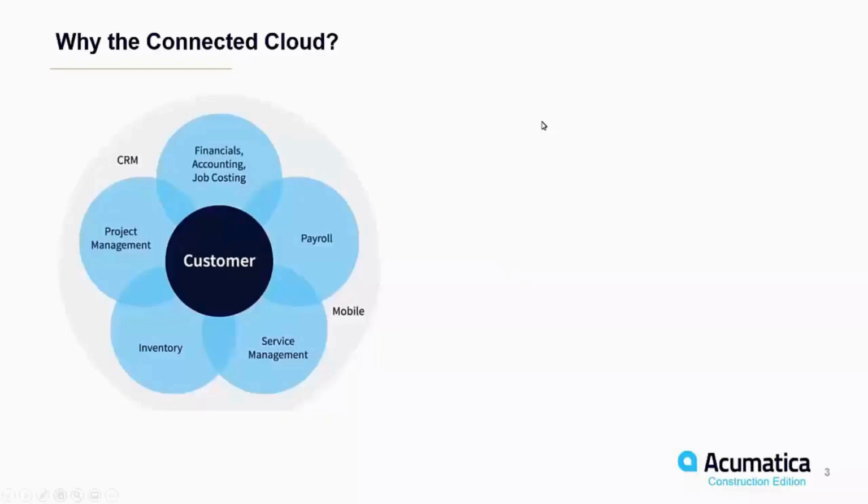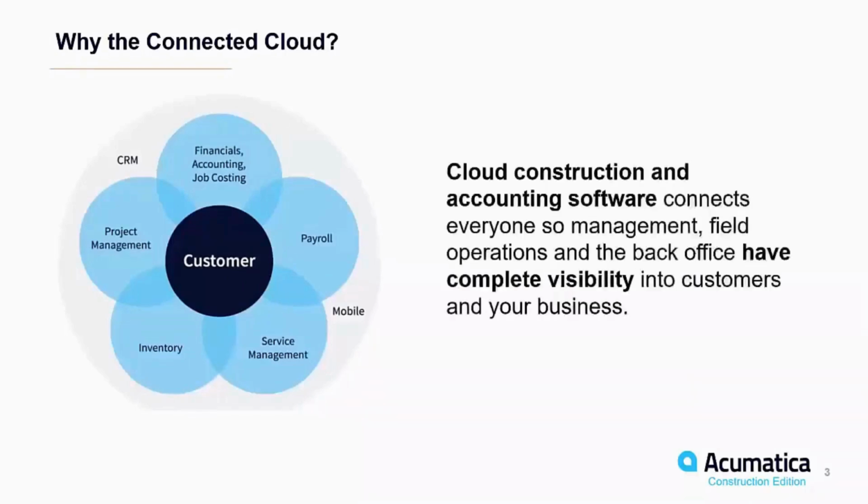So why the connected cloud, right? If you look at the graphic we have on the screen here, we're showing all of the pieces of a connected cloud and what that impacts. If you look at the middle of that screen there, showing the customer in the middle and all of the different pieces of an ERP package and how that is able to connect everyone.